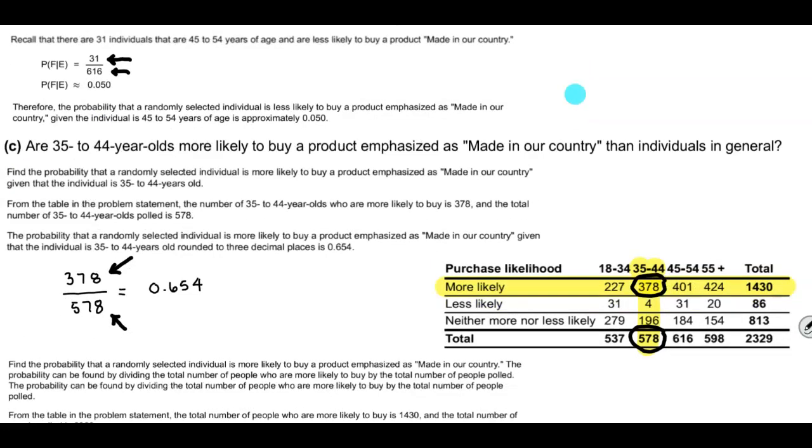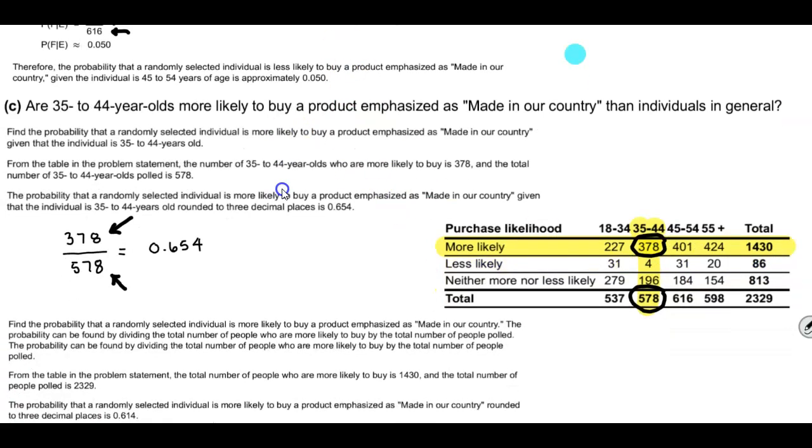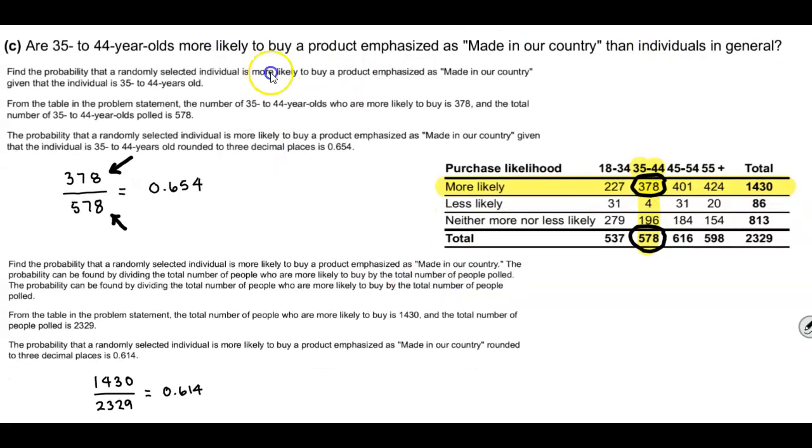Okay, so now the second part, because we are trying to compare with individuals in general. Individuals in general means the total amount that's been surveyed in this entire group.